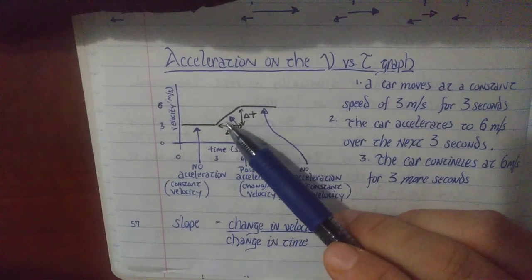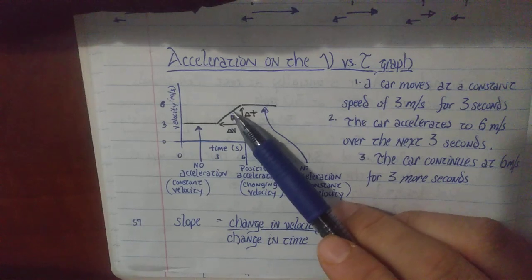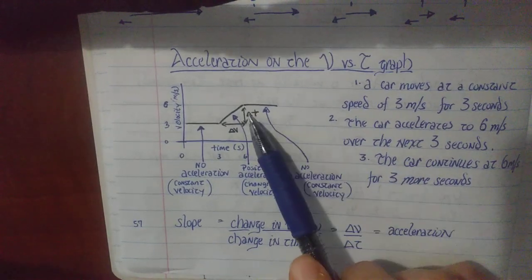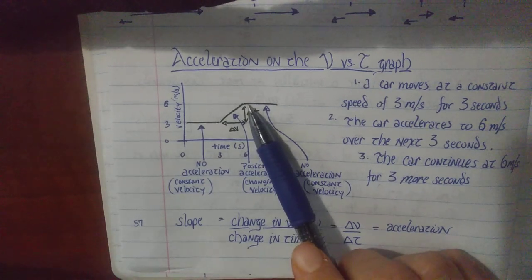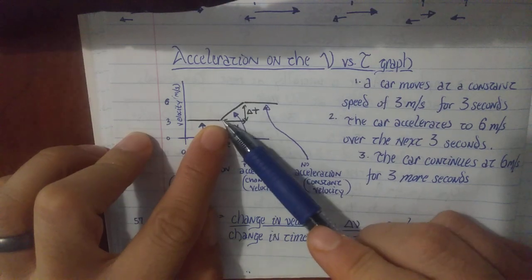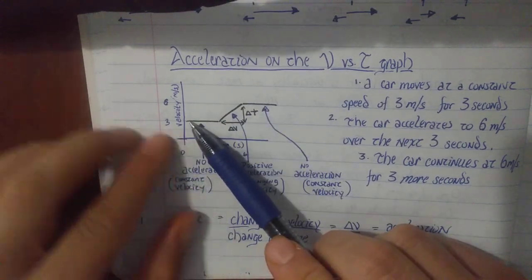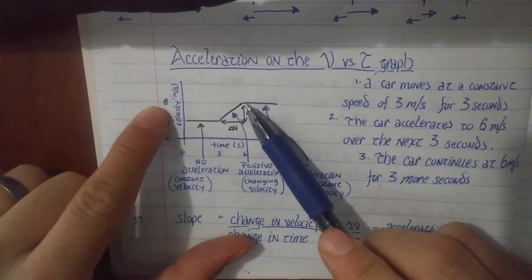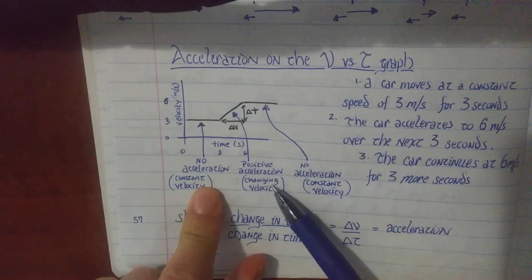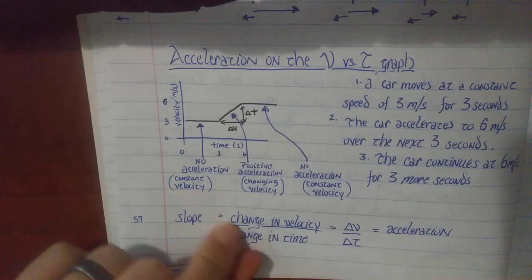So it takes 3 seconds to accelerate to 6 meters per second. Then stage 3, the car continues at 6 meters per second for 3 seconds. So we have flat, angled, and flat. Here we see a constant velocity. Here we see a constant velocity. Here we see changing velocity.